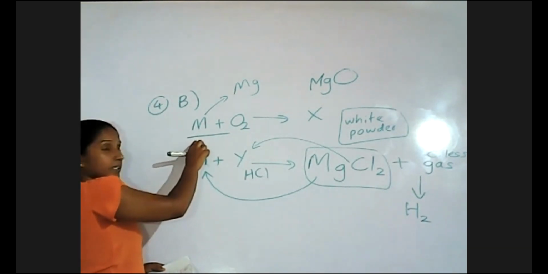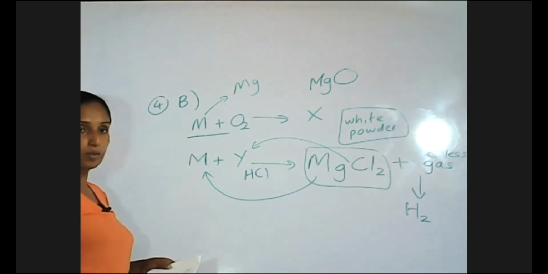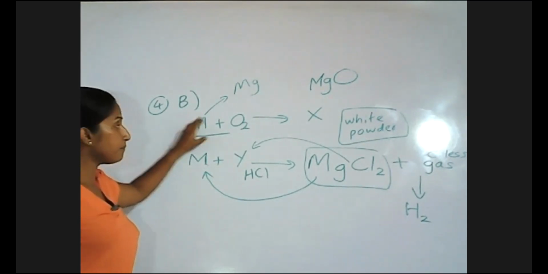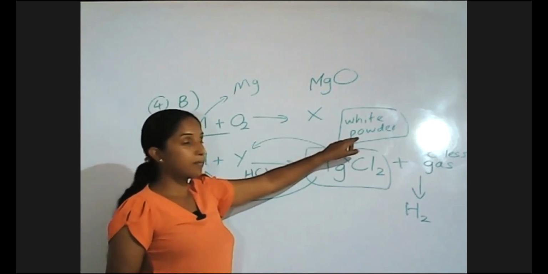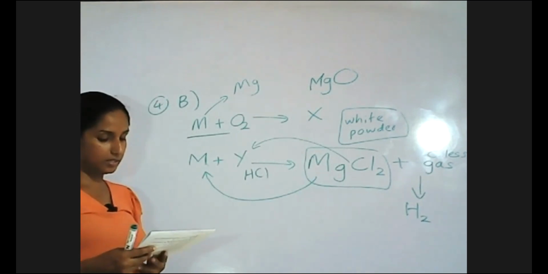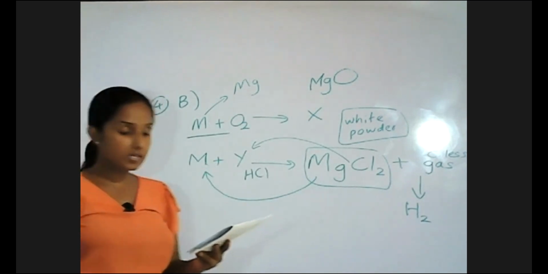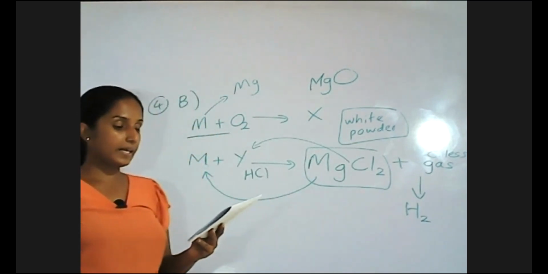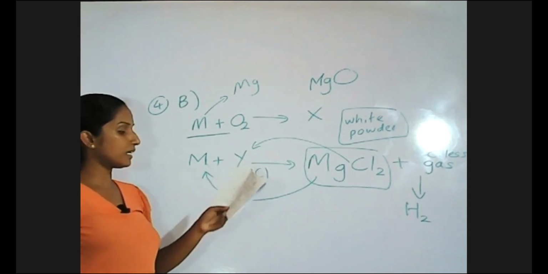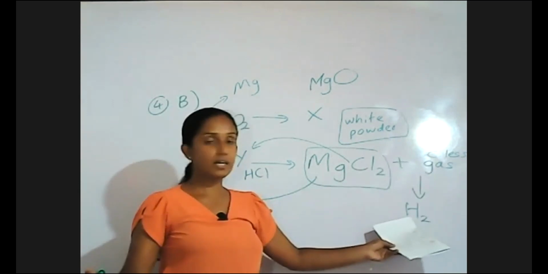A bright white color flame. Two observations there: it gives a bright white color flame and the white color powder remains. White color powder means magnesium oxide. Then we can complete: M is magnesium, X is magnesium oxide, Y is HCl and Z is hydrogen gas.